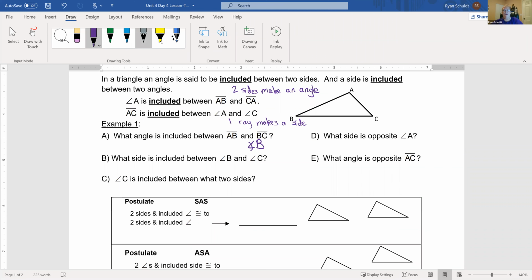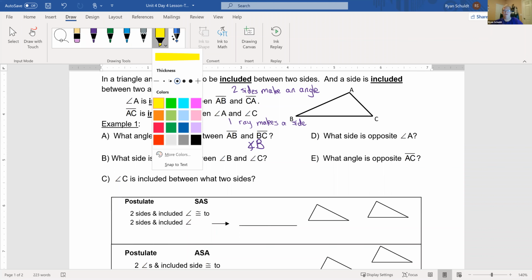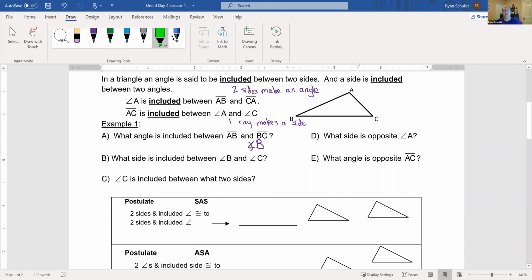Okay, then it asks us, hang on, I'm going to change my highlighter so y'all can see it. It asks us what side is included between angle B and angle C. So here's angle B right here.